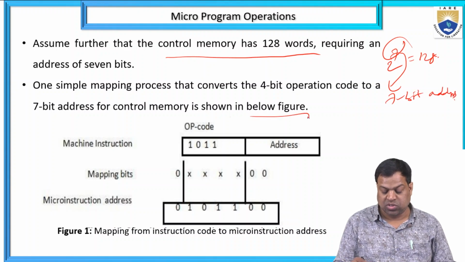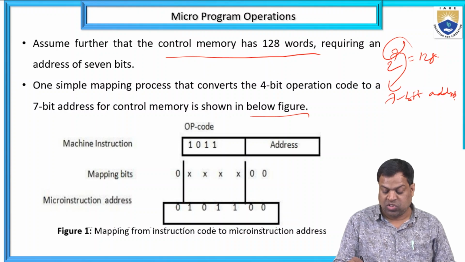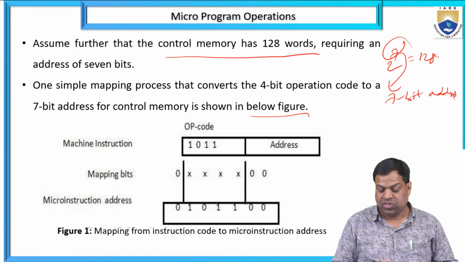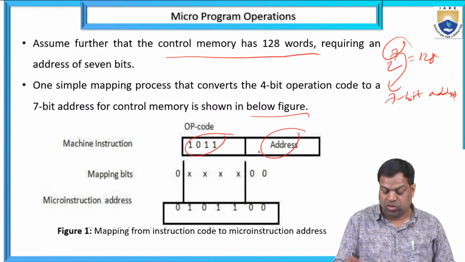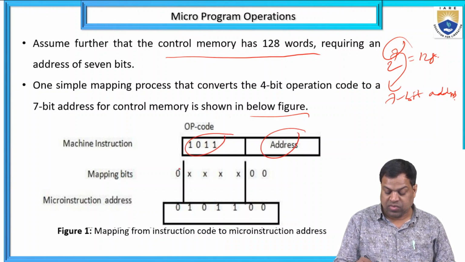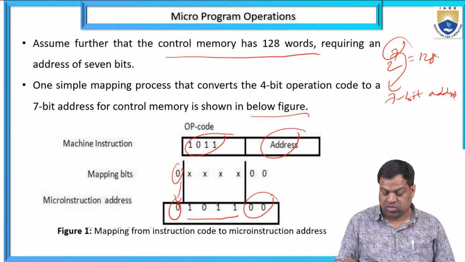Here I am taking 1011 as the opcode, operation code, and here another one is the address. Here in the mapping of bits, 0 means there is no mapping, then 1011 with zeros.